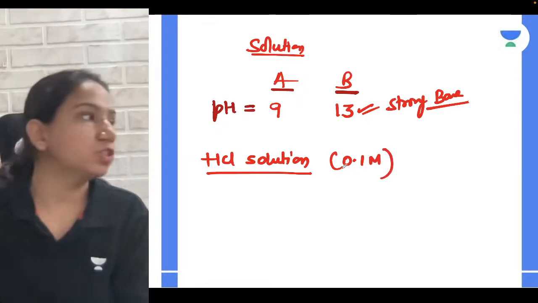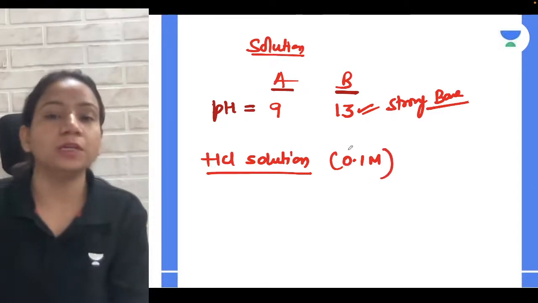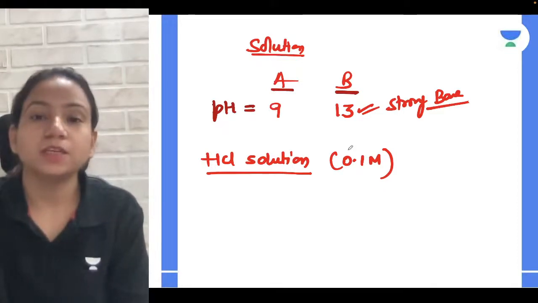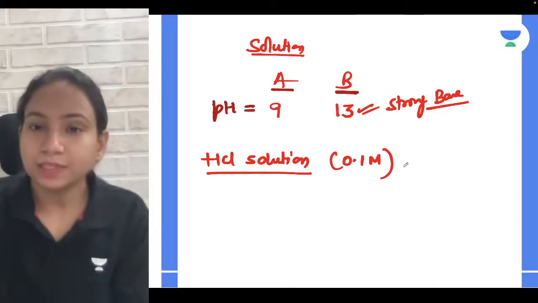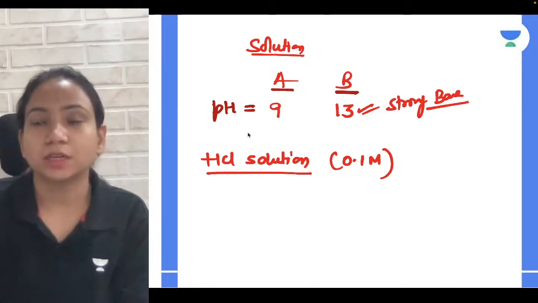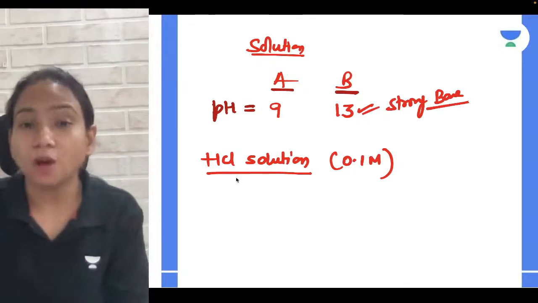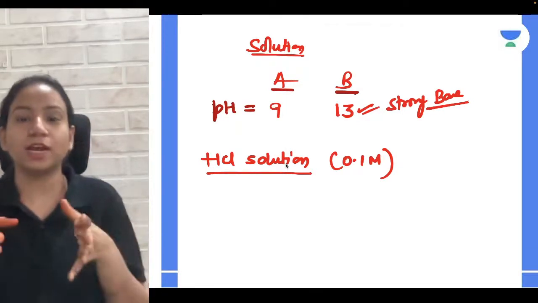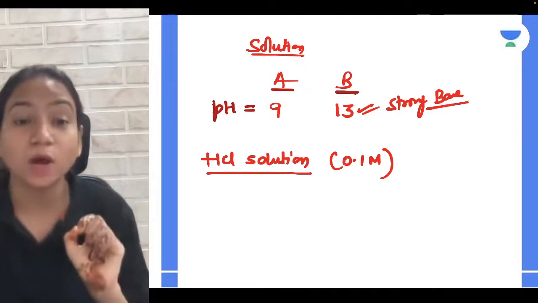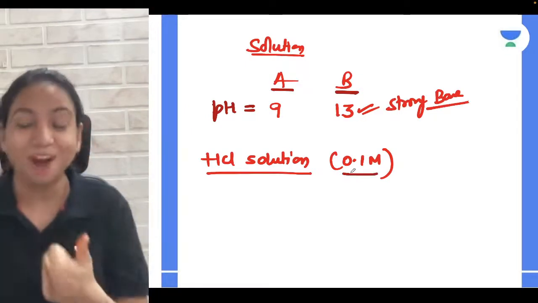So what can you relate? In the HCl, which ions do you have? You have to count. You can't count by looking at it. By seeing the HCl solution, it's written 0.1 molar concentration, but you can't count from here.